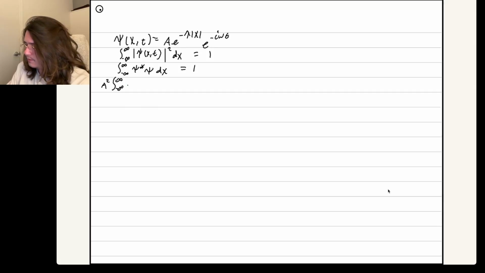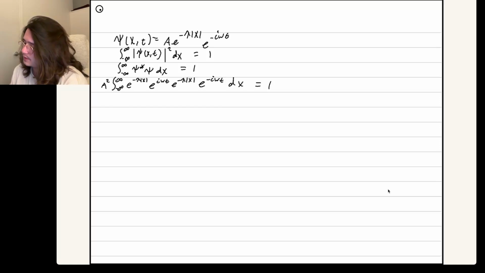You're going to have e to the minus lambda absolute value of x, e to the i omega t, times e to the minus lambda absolute value of x, e to the minus i omega t dx equals 1. And so the imaginary components will cancel out. You'll just have A squared times the integral over all space of e to the minus 2 lambda absolute value of x dx.